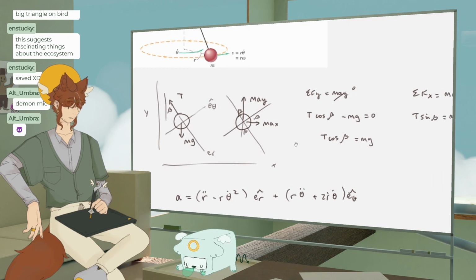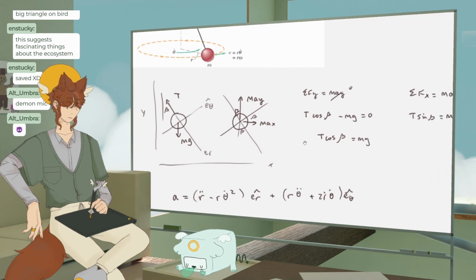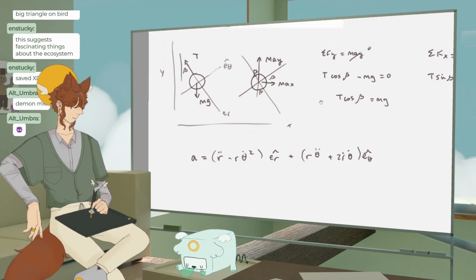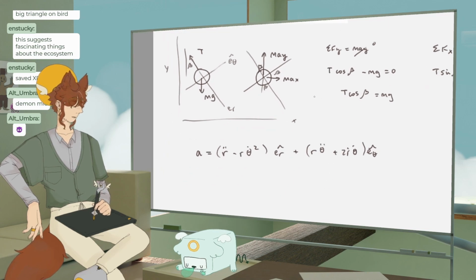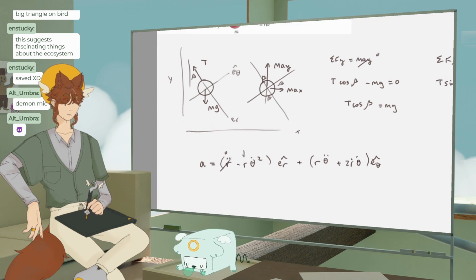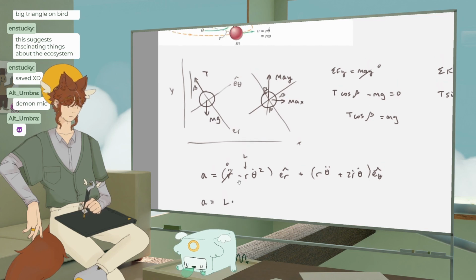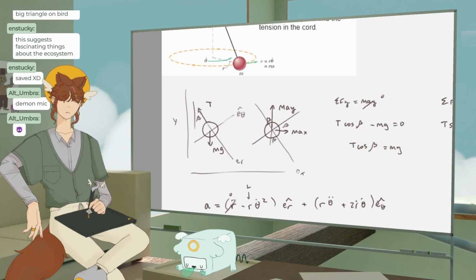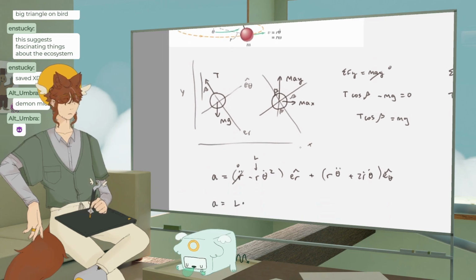What was the point of this? I already forgot. Why don't I leave it an x and then we'll figure it out. Okay, so this is going to be 0. This is L. So a equals L times, so V equals, what do we want? I guess we want it in terms of V and m.